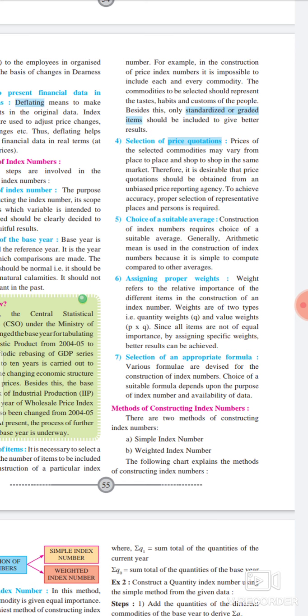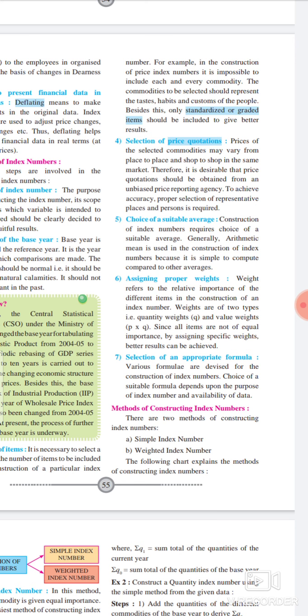The main point is that the selection should represent the taste, habits and customs of the people. Besides this, only standardized or graded units should be included to give better results.